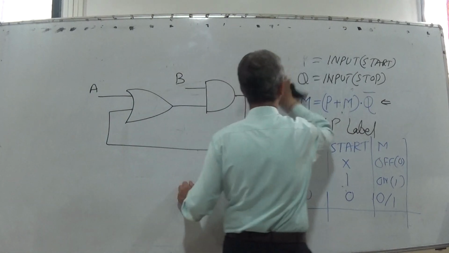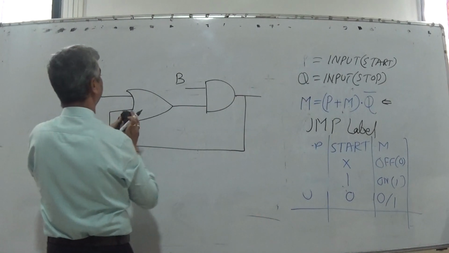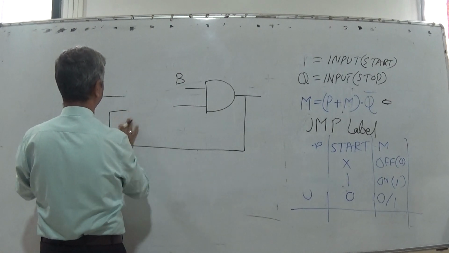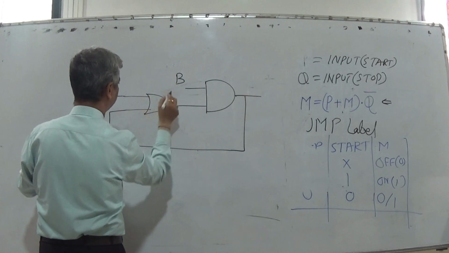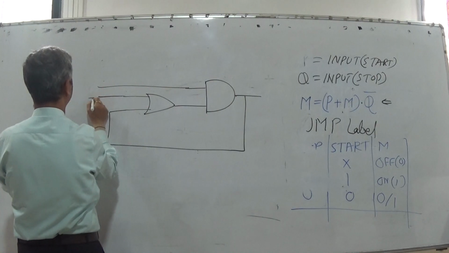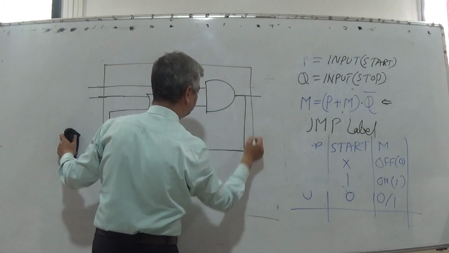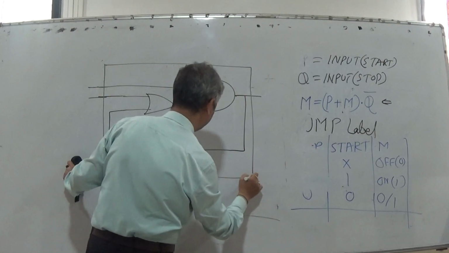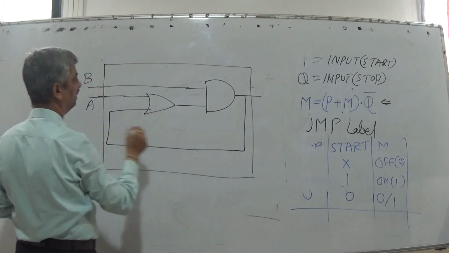So this is what we implemented. This is our Arduino. This is input A, input B, and output Y.